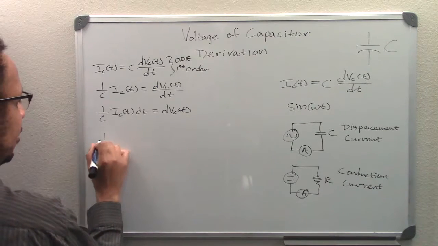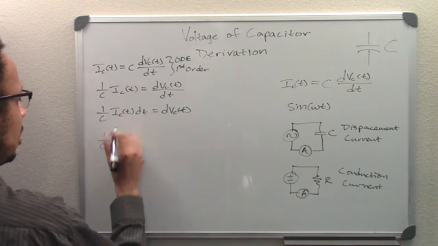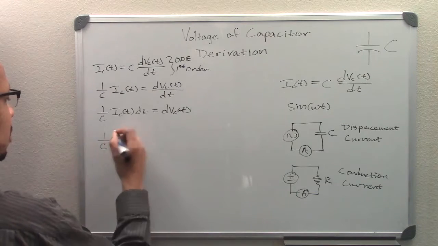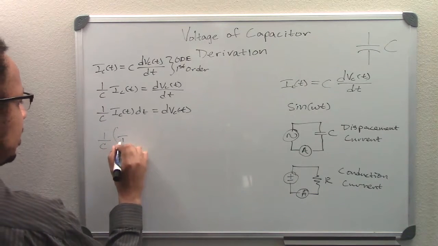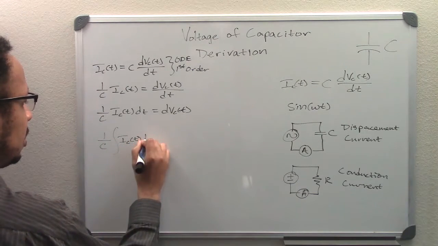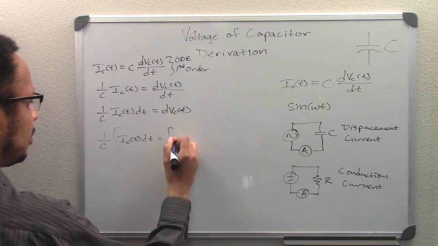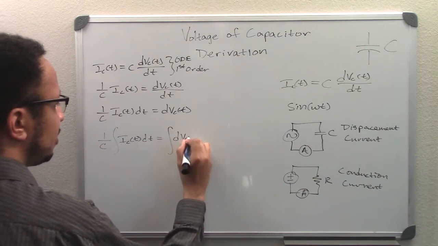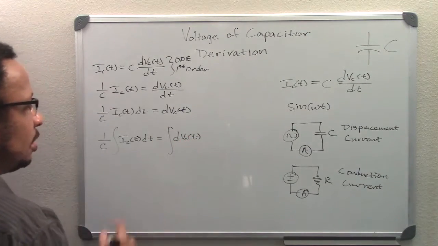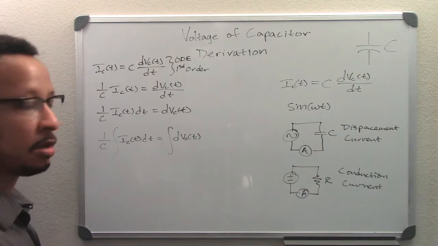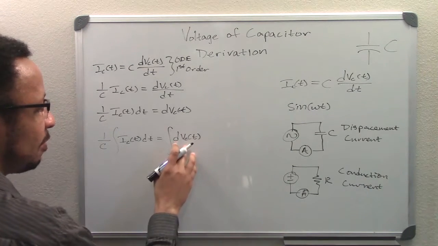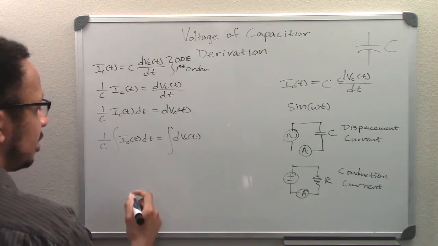And so now we have 1 over C, we'll do an integral here, iC(t) dt equals integral dvC(t). Next, we'll establish some integration limits. We want to recover vC(t), so we'll make that an integration limit.